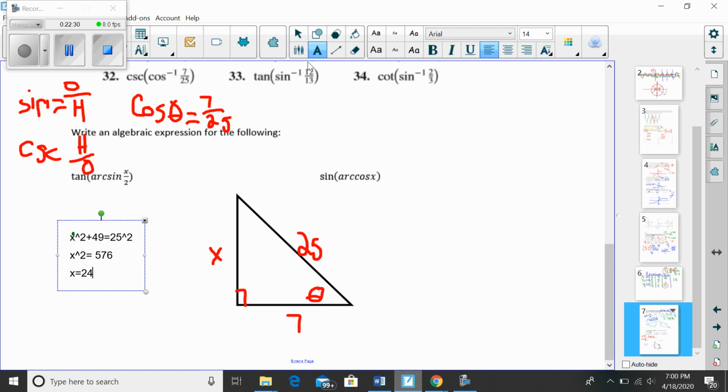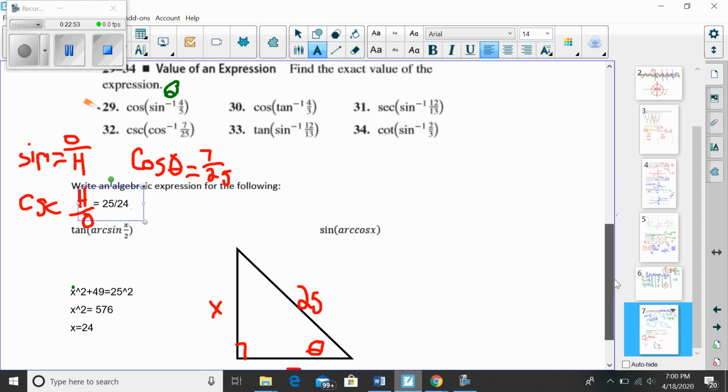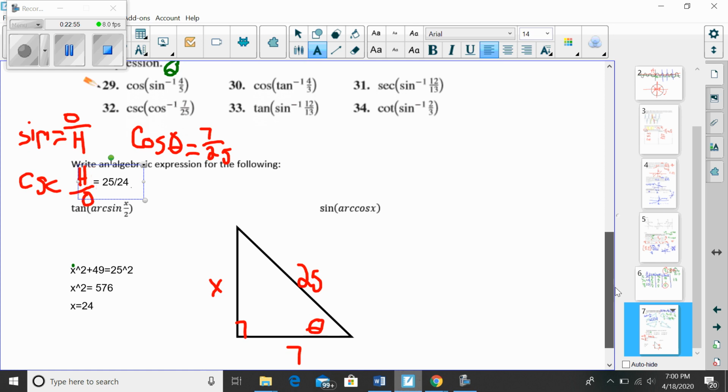So x is 24, which means hypotenuse over opposite is 25 over 24, my final answer for 32. Go ahead and try 31.